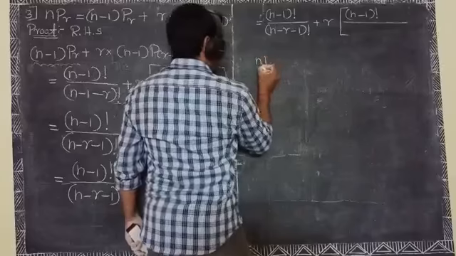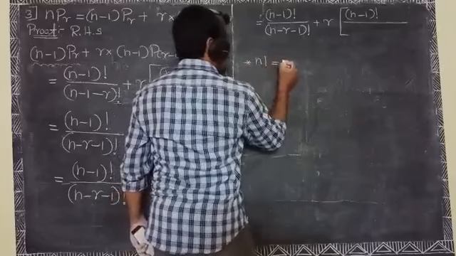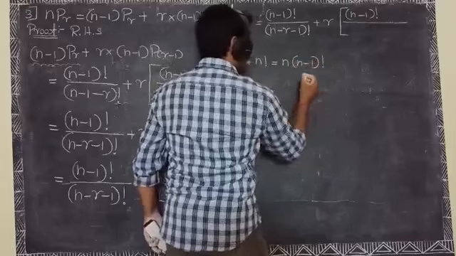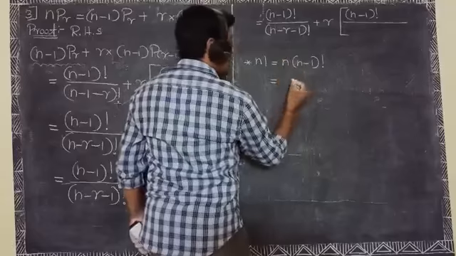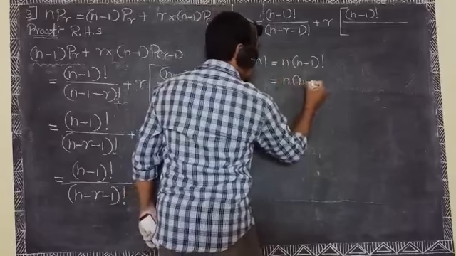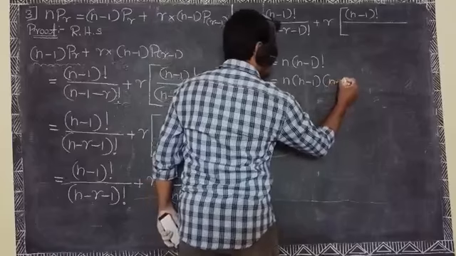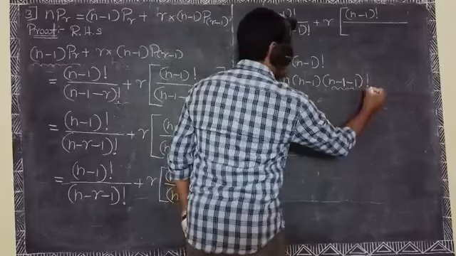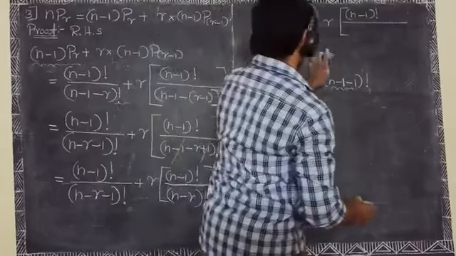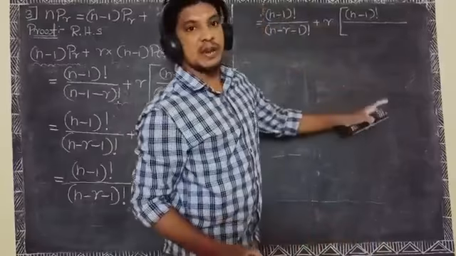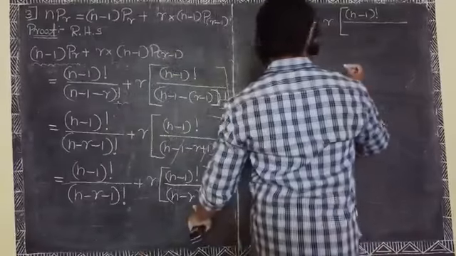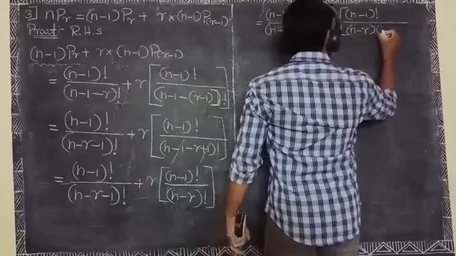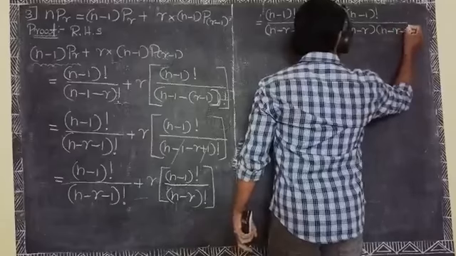For example, n factorial is n into (n minus 1) factorial. Then we can rewrite n into (n minus 1) into (n minus 1 minus 1), that is (n minus 2) factorial. Similarly, by the same process, here that is (n minus r) into (n minus r minus 1) factorial.